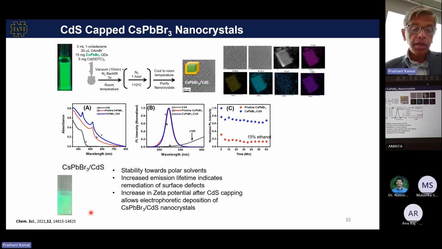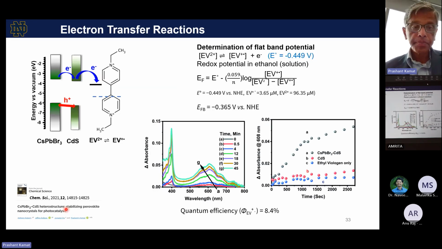You can also electrophoretically deposit films of these CdS-capped cesium lead bromide nanocrystals. We wanted to study electron transfer reactions, and again we used the viologen. This is the ethyl viologen, and essentially now the electron tunnels through this CdS to reduce this one.